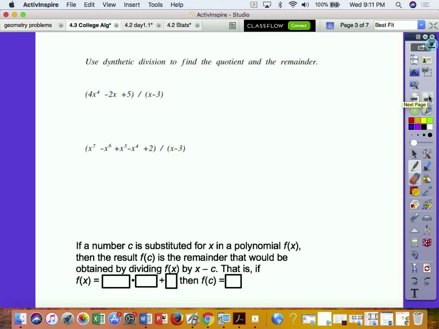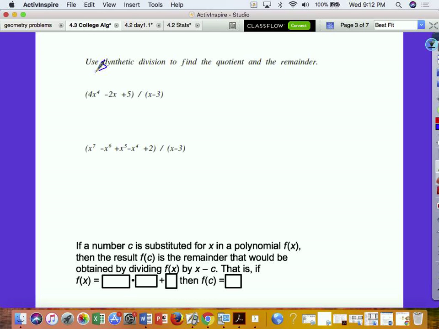Now, we can do the same thing that we just did by using something called synthetic division. So when we do synthetic division, it's a little bit different. We're not going to use any variables.